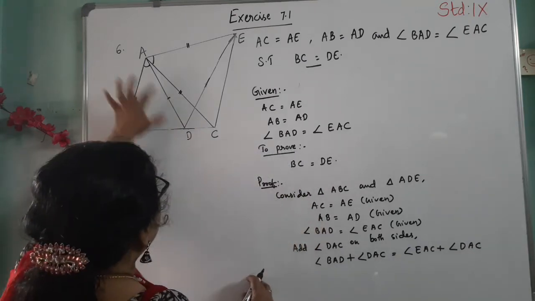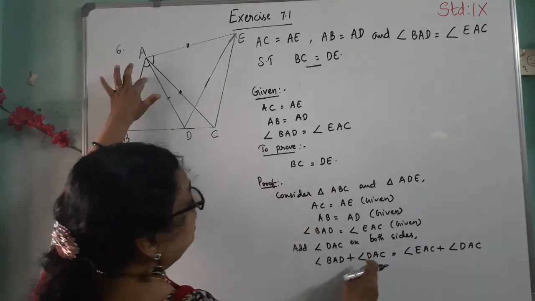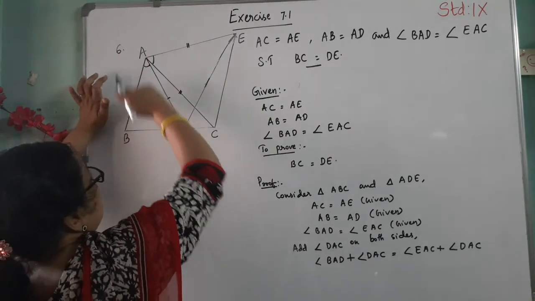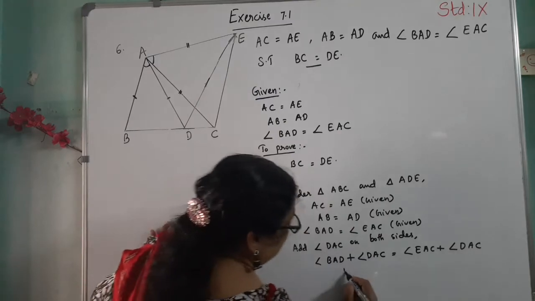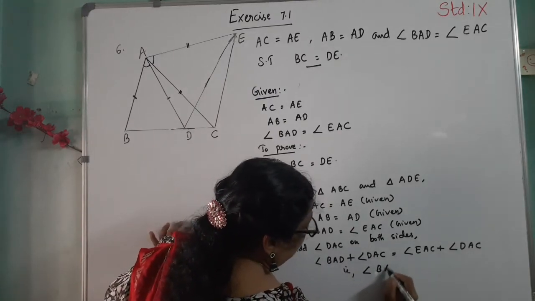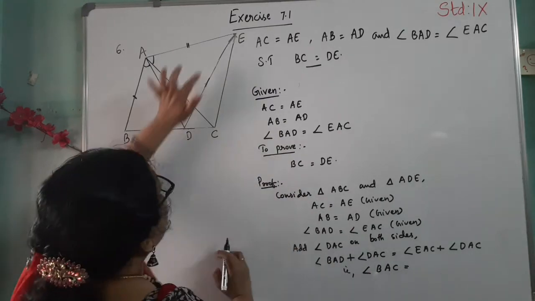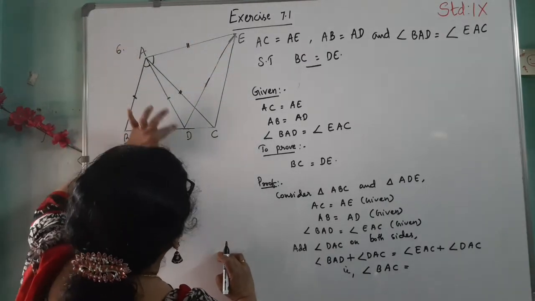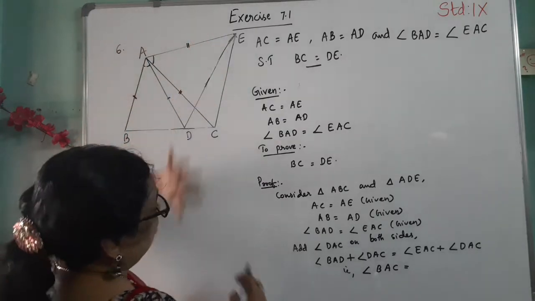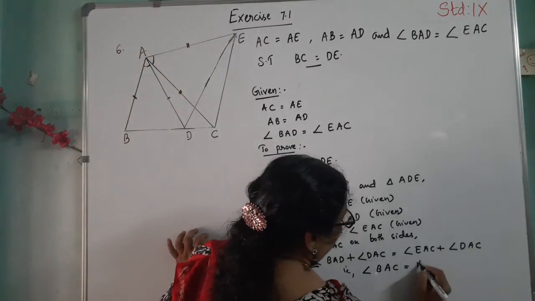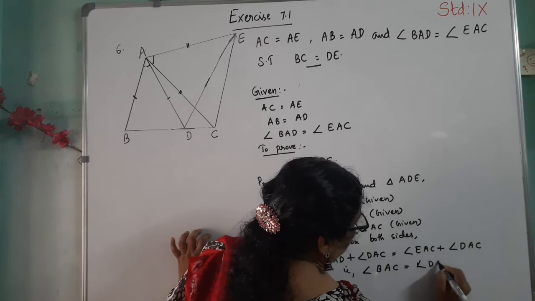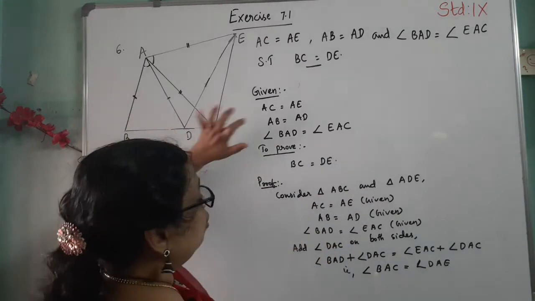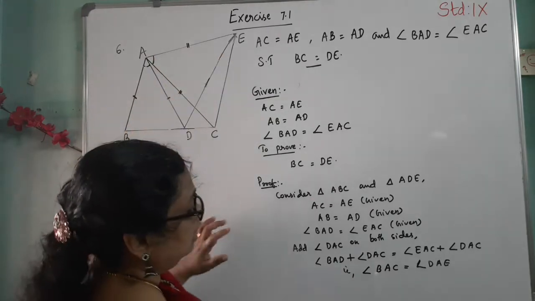BAD plus DAC, that is this total angle, BAC, equal to EAC plus DAC, that is angle DAE. So angle BAC equal to angle DAE, that we also get.